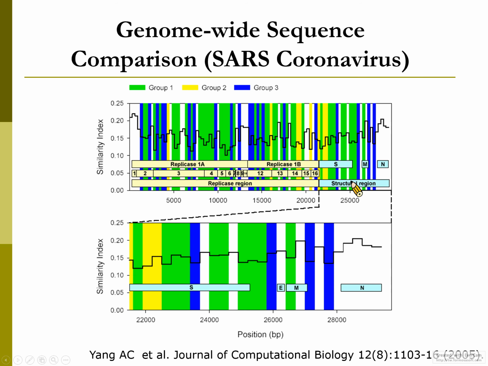So for example, previously, we published the origin of the SARS coronavirus using this technique, and we compared the segments of the SARS genome to different groups of the coronavirus, and found that the SARS coronavirus is very heterogeneous.